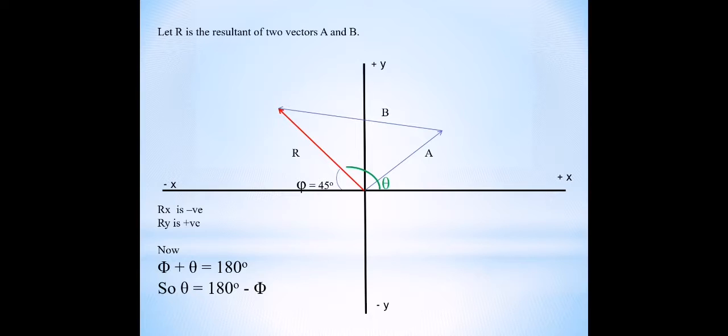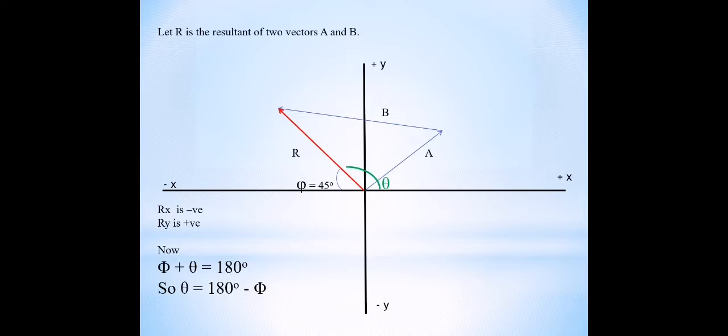So if we want to know theta, we just subtract the value of phi, which we find from the formula, from 180 degrees. This gives the angle of the resultant vector with the positive x-axis. It is the formula to find theta while the vector r is in the second quadrant.